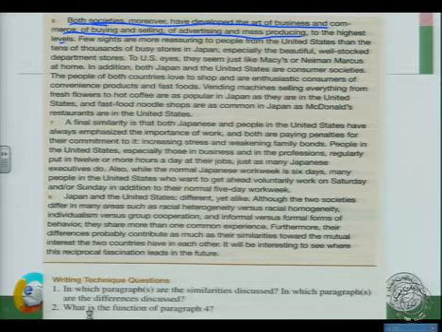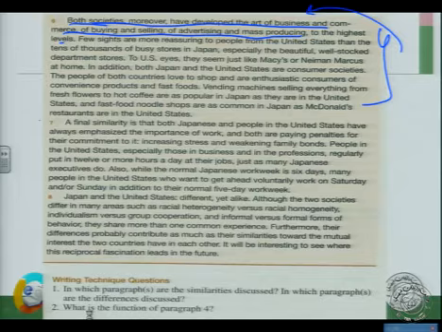Okay? Finally, paragraph 7. Of course, the rest explains the topic sentence and gives examples. Okay, let us read the first line of paragraph 7.